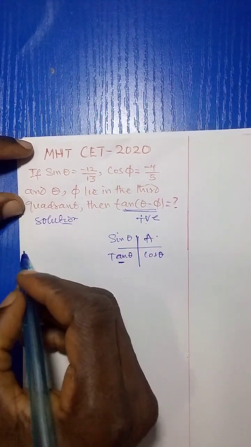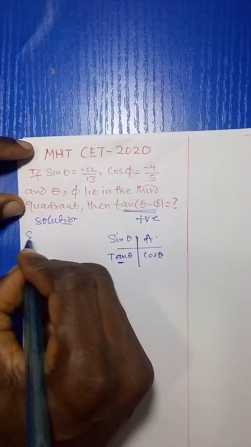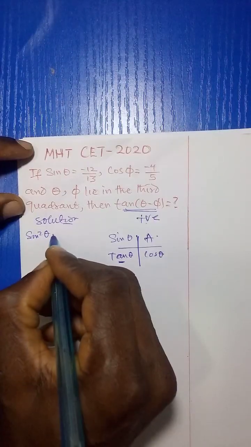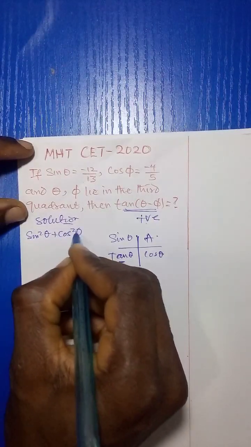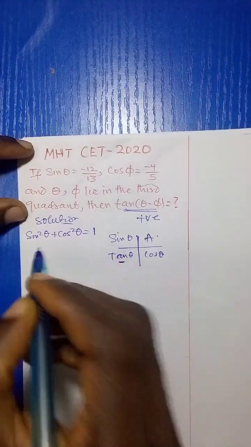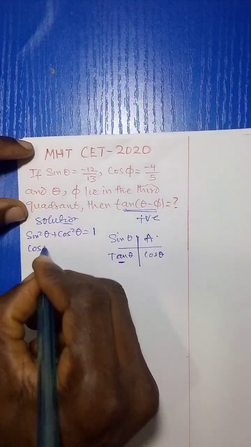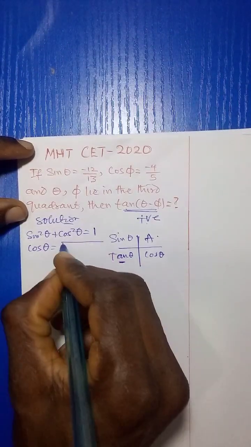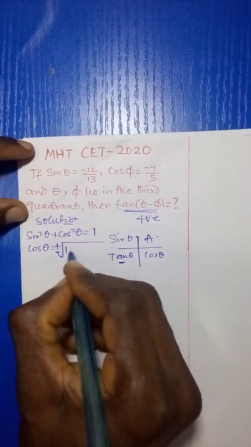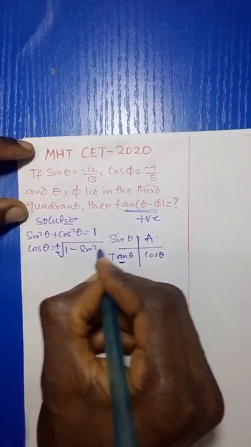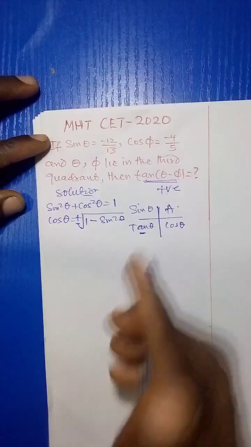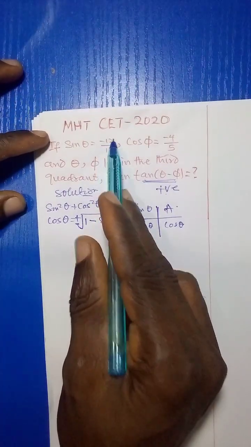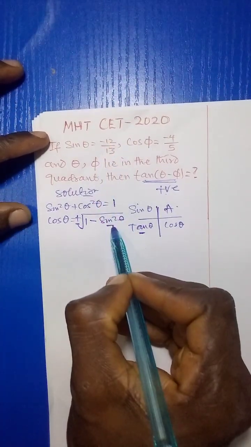We are going to apply this trig identity. If we have sine squared theta plus cos squared theta, we have it equal to 1. And so cos theta will now be plus and minus the square root of 1 minus sine squared theta. Good. So we will now put minus 12 over 13 here where we have our sine squared theta.